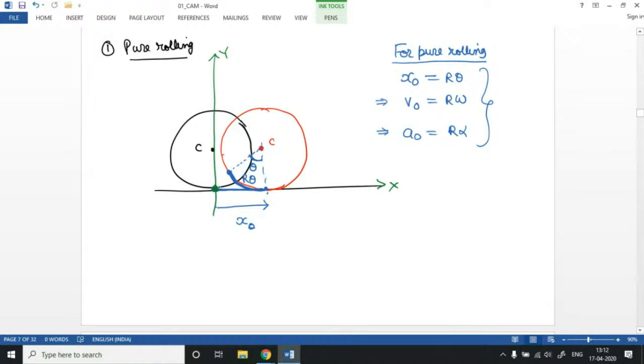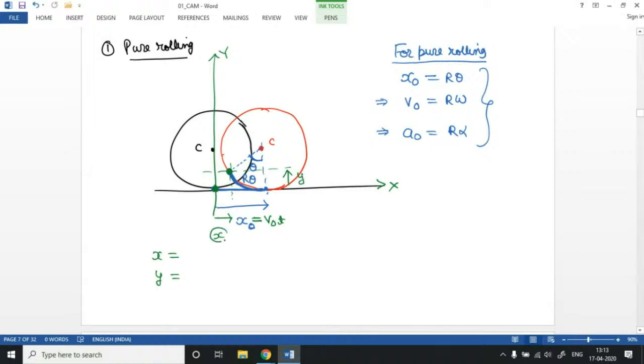So after time t, when the displacement of its center of mass is x naught, equal to v naught into t, this point has moved over here. I want to find the locus of this point. So we want to write the x coordinate and the y coordinate.